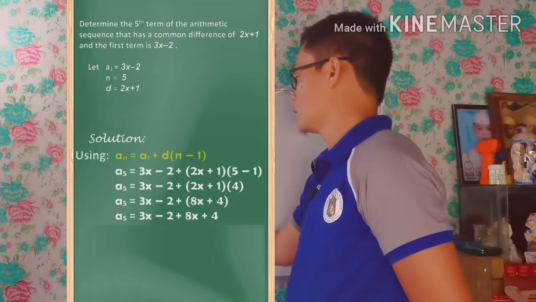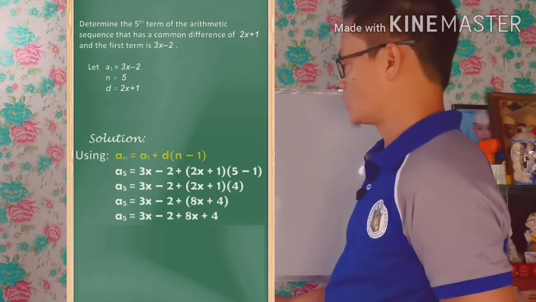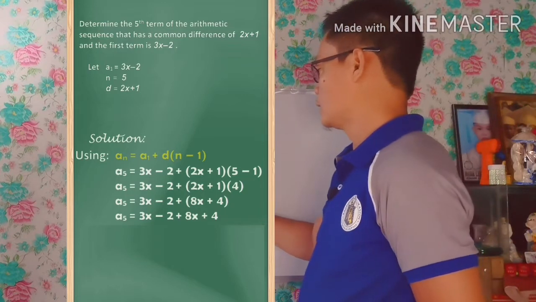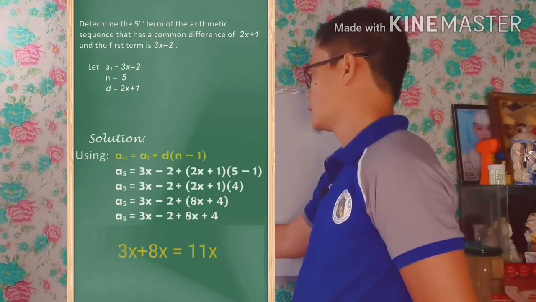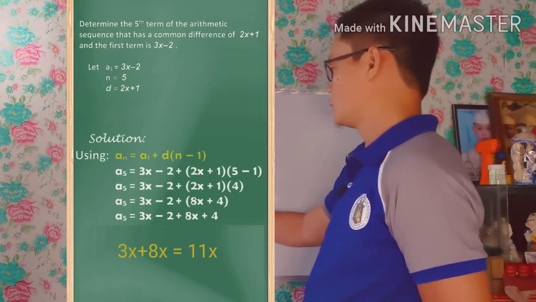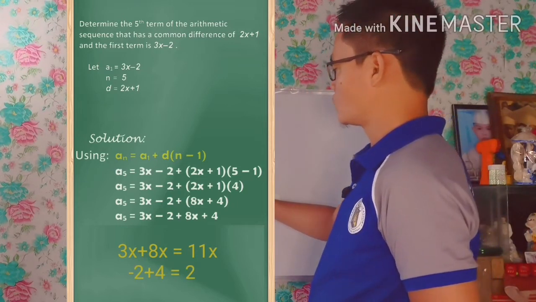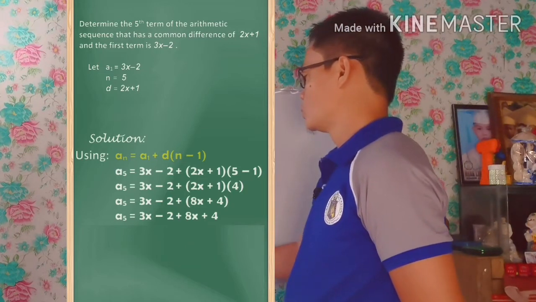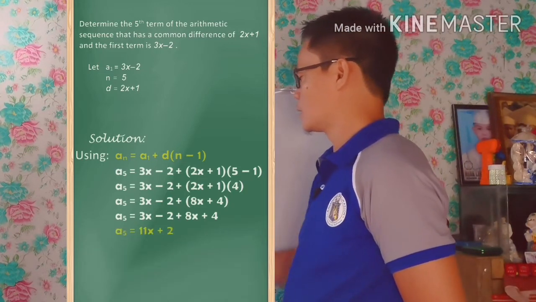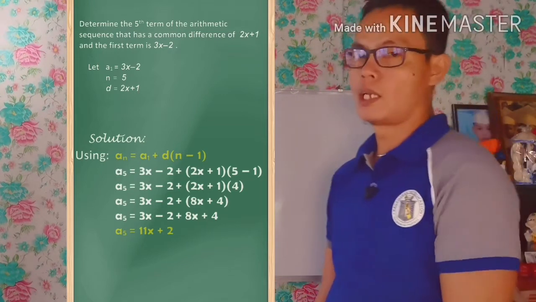In this simplification, all we have to do is add the similar terms, which is 3x plus 8x is 11x. We also have similar terms, minus 2 and plus 4, which gives plus 2. The fifth term of that particular problem is 11x plus 2.